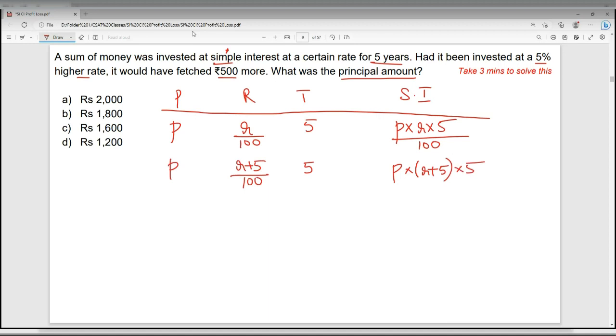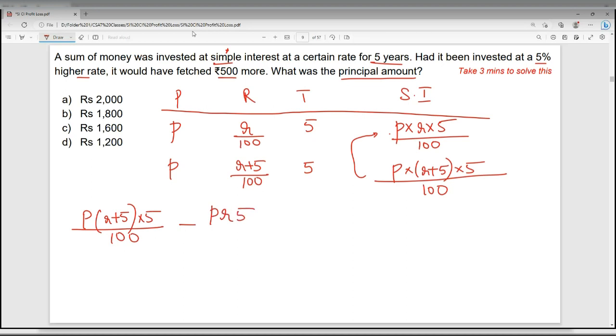This is the interest at a 5% higher rate, and compared to this it is 500 more. So this is P into (R plus 5) into 5 divided by 100 minus PR into 5 divided by 100 is equal to 500.